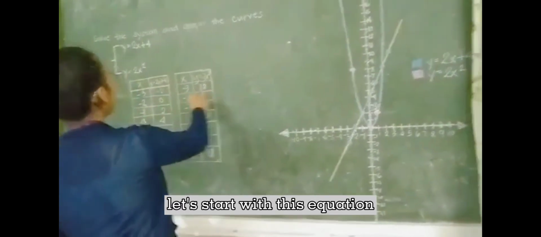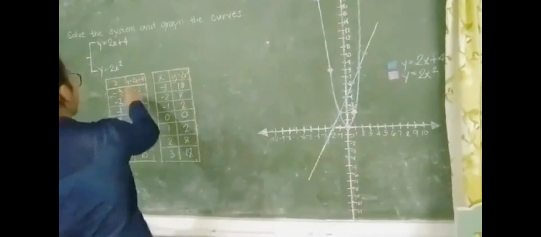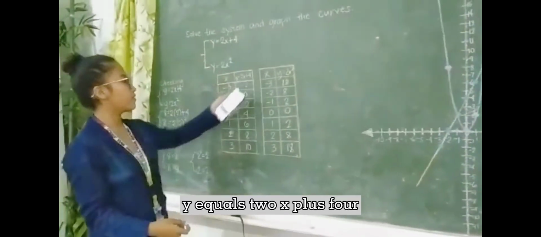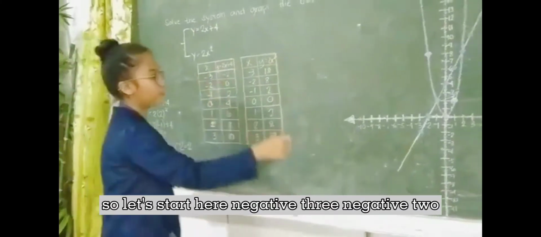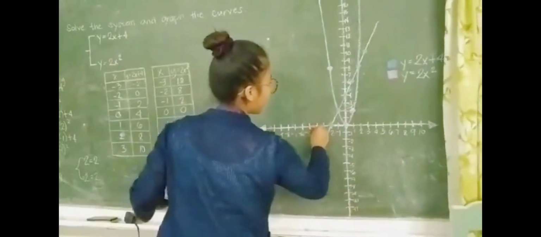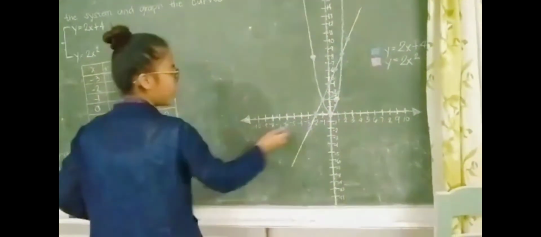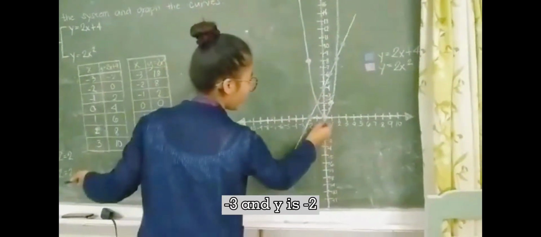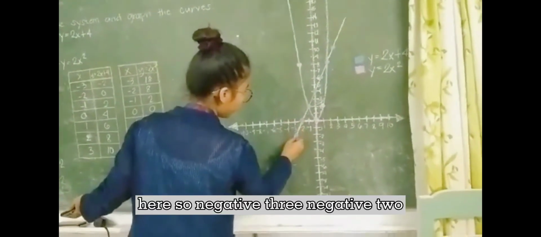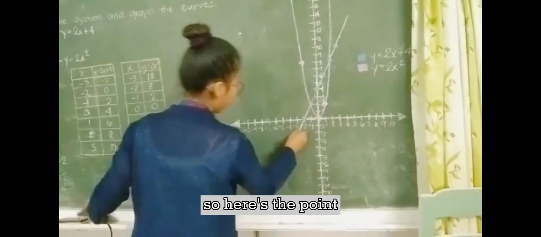Let's start with this equation y equals 2x plus 4. So let's start here: negative 3, negative 2. Negative 3 is x here, and y is negative 2. So here's the point.